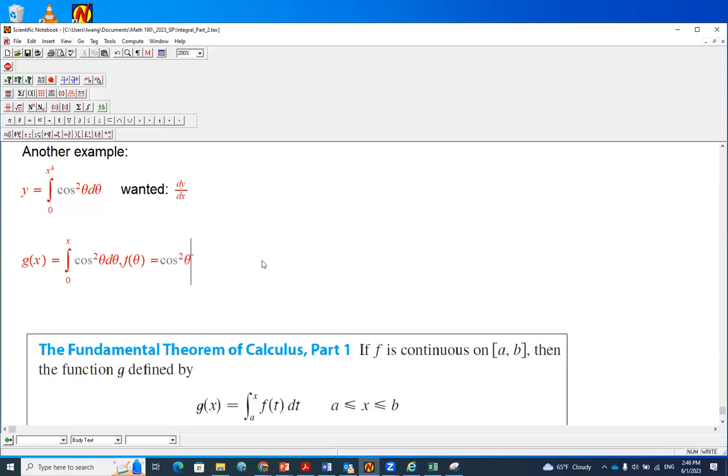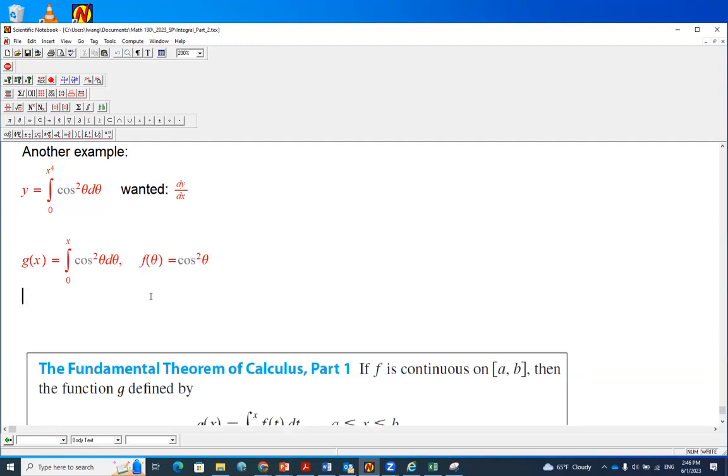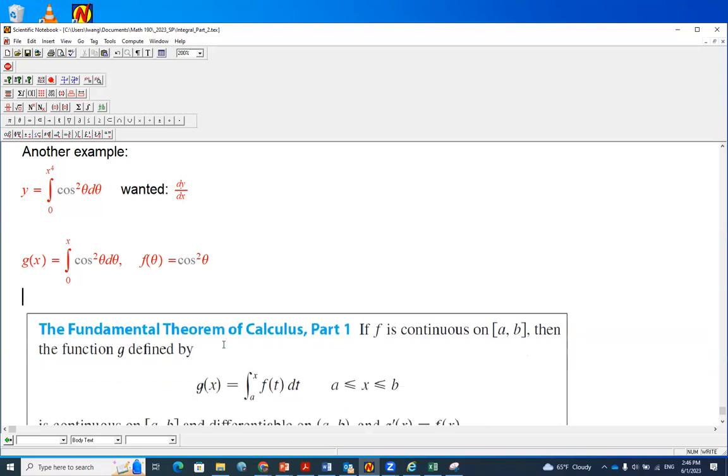I said something that might be confusing a bit earlier, so let me say it again. I make a G of X in the same manner as the fundamental theorem of calculus part 1 says. G of X is the integration from a constant to X of whatever function that is, and that function I have identified is f of theta.